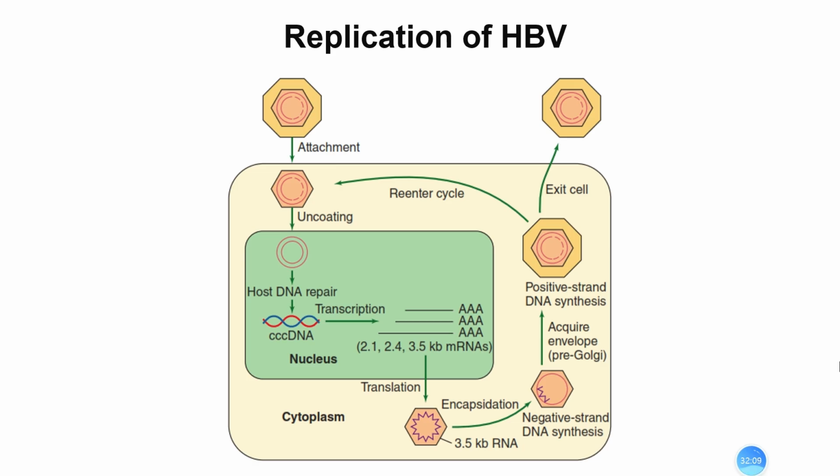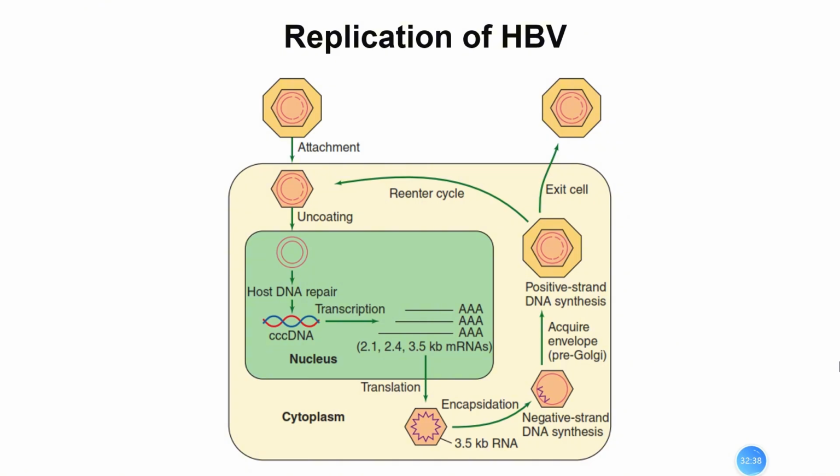While for the replication, HBV utilizes a special way. Here, the 3.5 kb messenger RNA is transcribed. Then, to make the virion, this messenger RNA is packed into the particle. The first step is to pack in the RNA. We know that the genome is DNA.